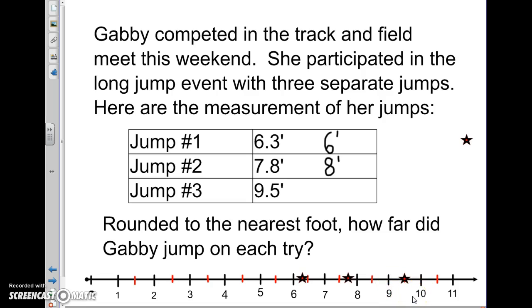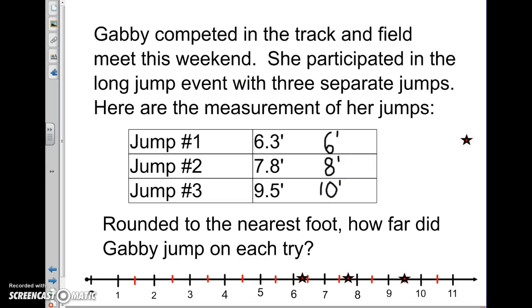But as mathematicians, we all agreed, and you know this from rounding whole numbers, that if it's right in between the two numbers that we're rounding between, we always round up. So even though it's not actually closer to 10, it's exactly the same distance between 9 and 10. If it is exactly in the middle, we always round up. So for jump 3, she jumped about 10 feet is what we would round that to.